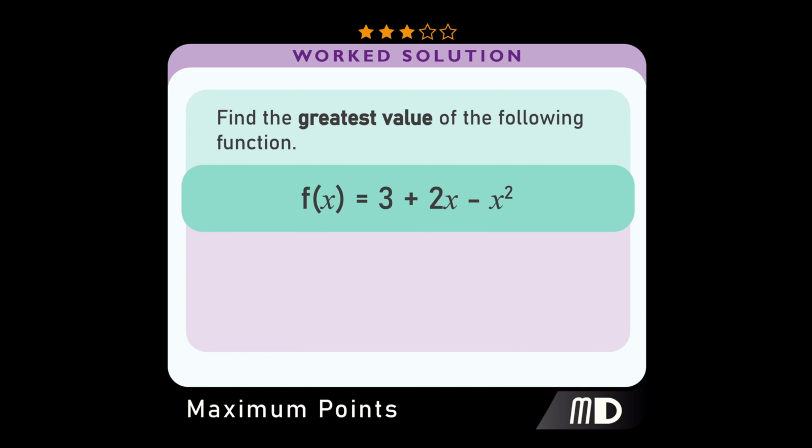In other words, we multiply the original power by the coefficient of x and reduce the exponent of x by 1.